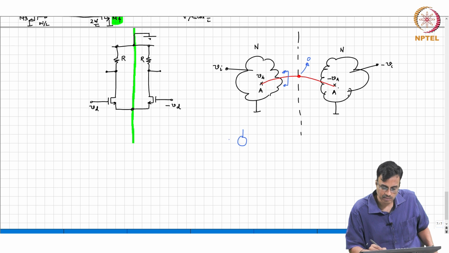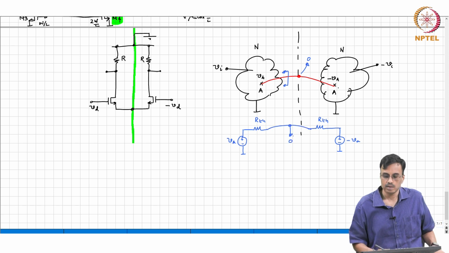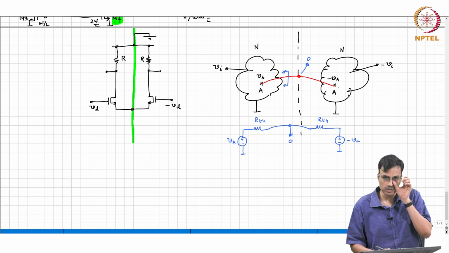Basically there will be some VA in series with RTH. For the circuit on the right, it will be RTH and minus VA, and therefore, when you join these two, that voltage will be 0.